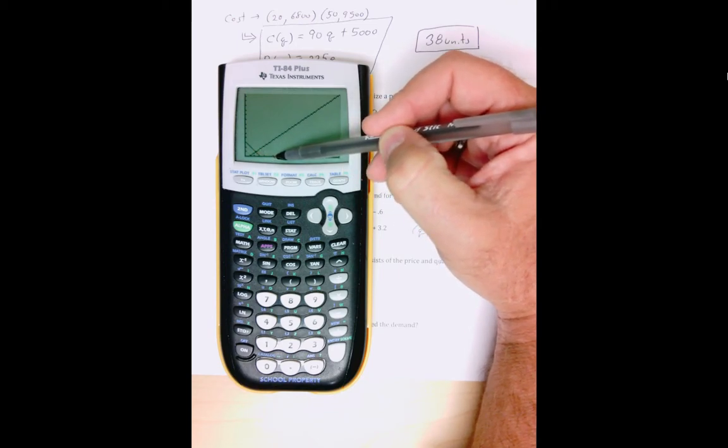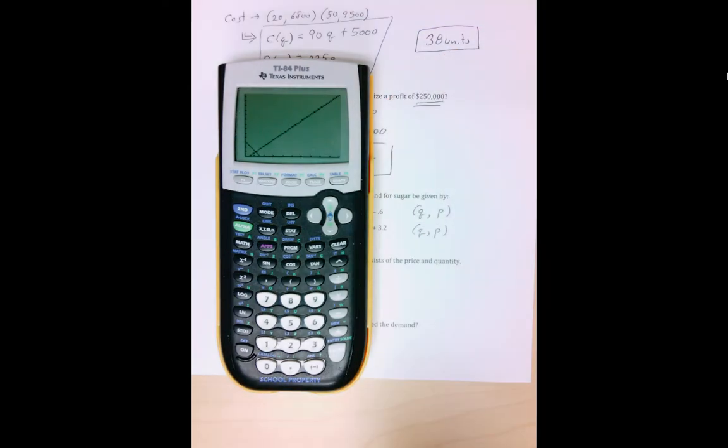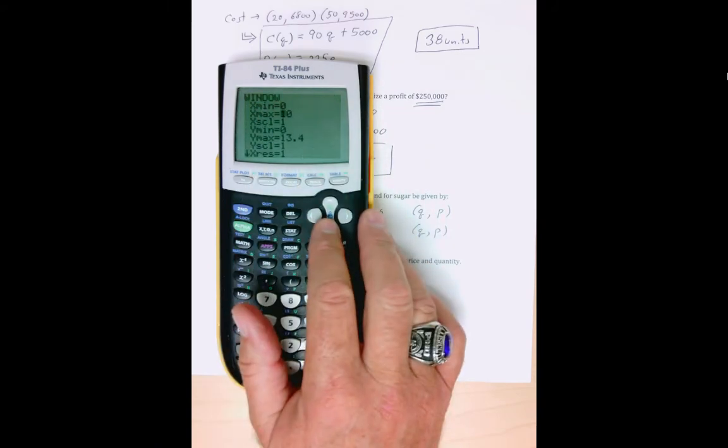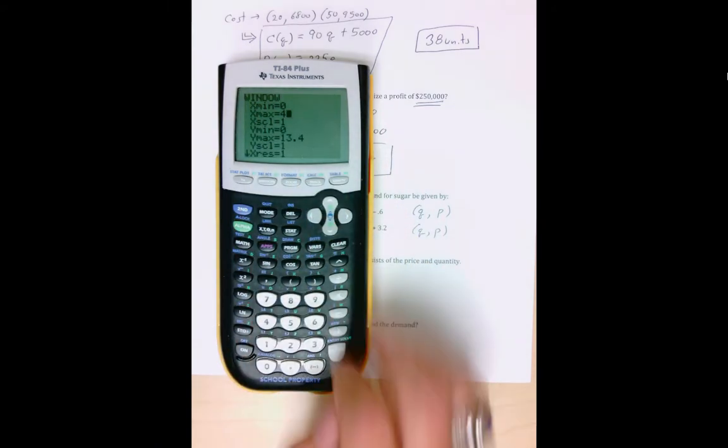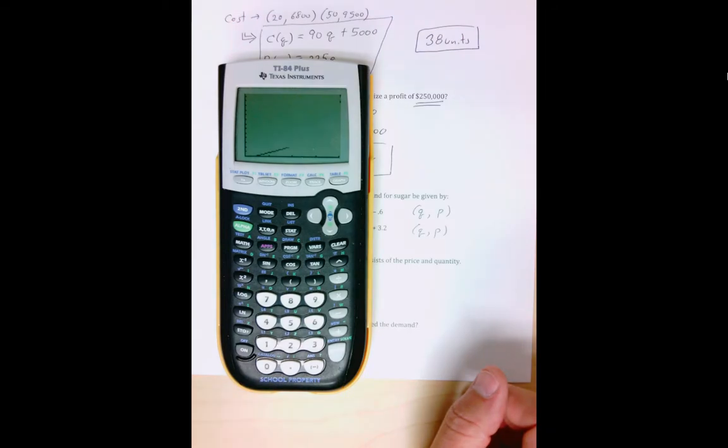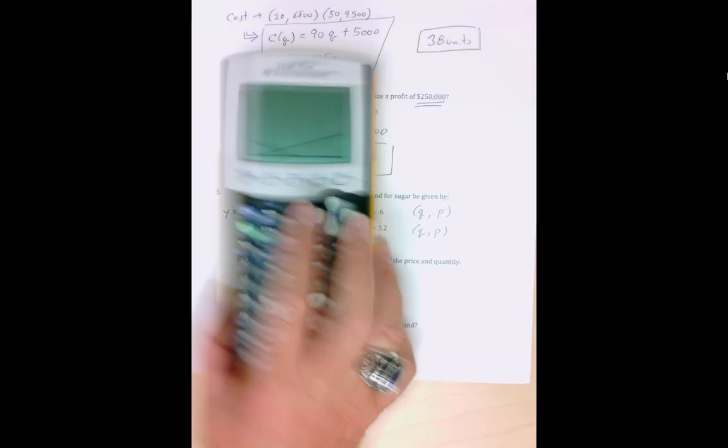I really don't need to go much more than over to x equals 4. And we get that as our supply and demand. Kind of goofy looking, but it's what it is.